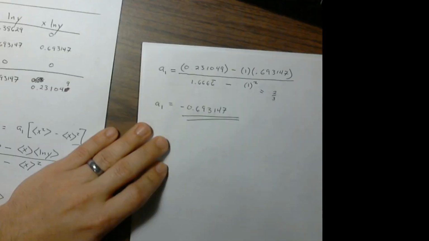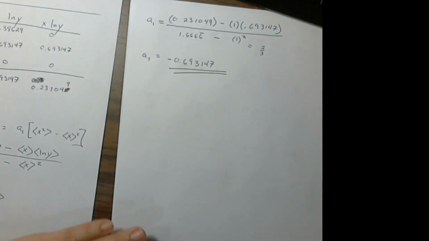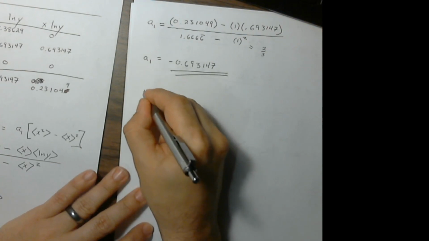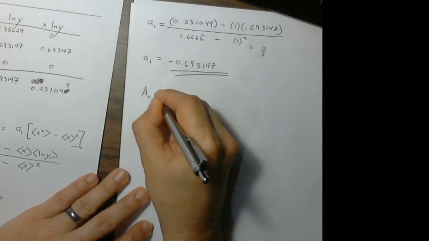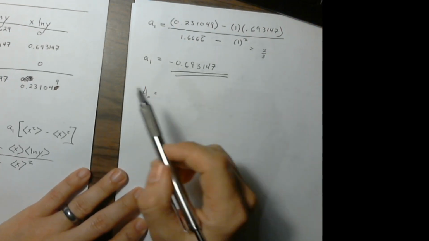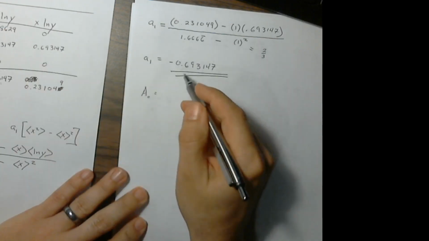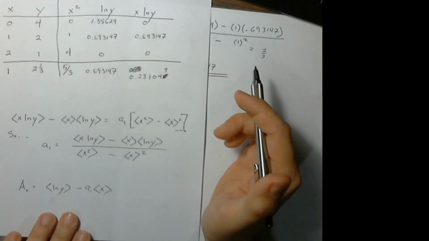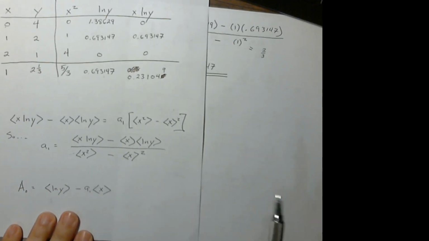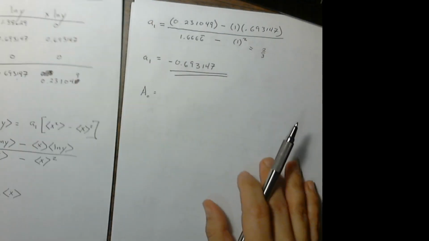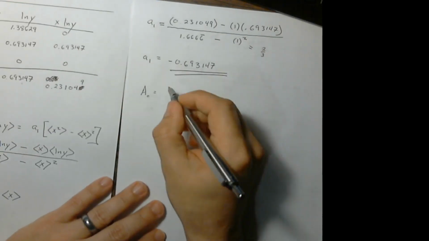Okay, come back to the camera. Here we go. Now we're ready to solve for capital A naught. A naught is, again, just the natural log of y minus this thing we just calculated. Let's write that out.